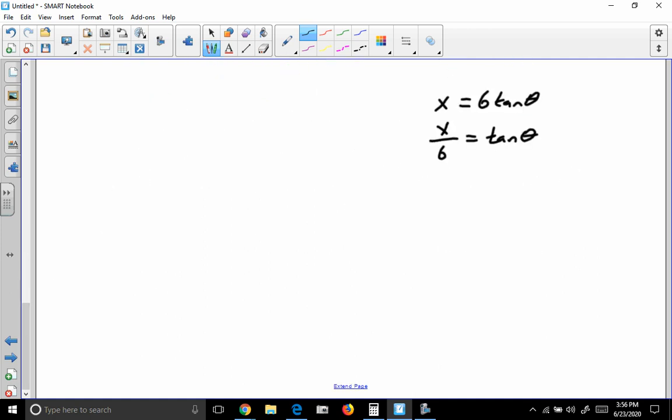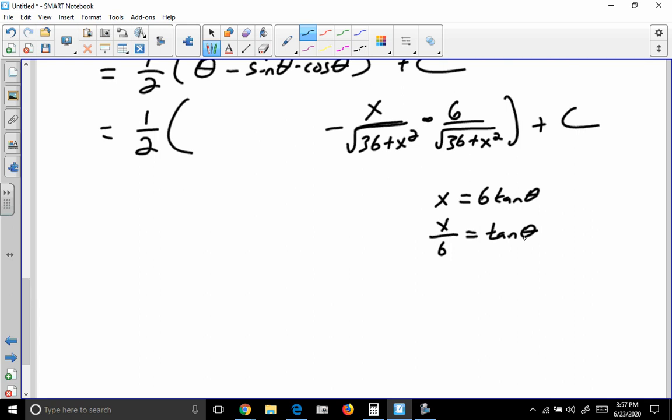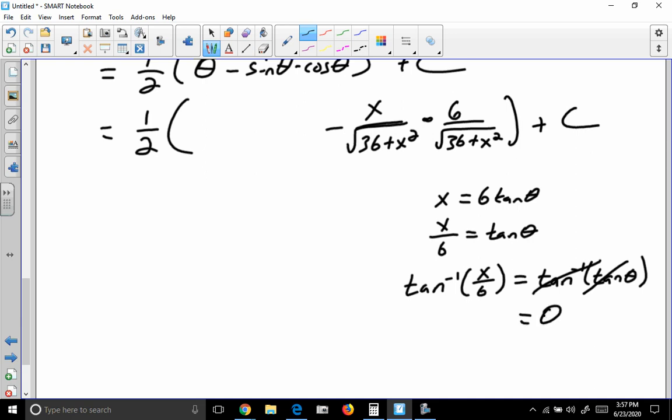If we solve that for theta, we can take inverse tangent of both sides. Inverse tangent of the left side, inverse tangent of the right side, and when we do inverse tangent of tangent, since those are inverses, they cancel each other out, so theta is inverse tangent of x over 6.